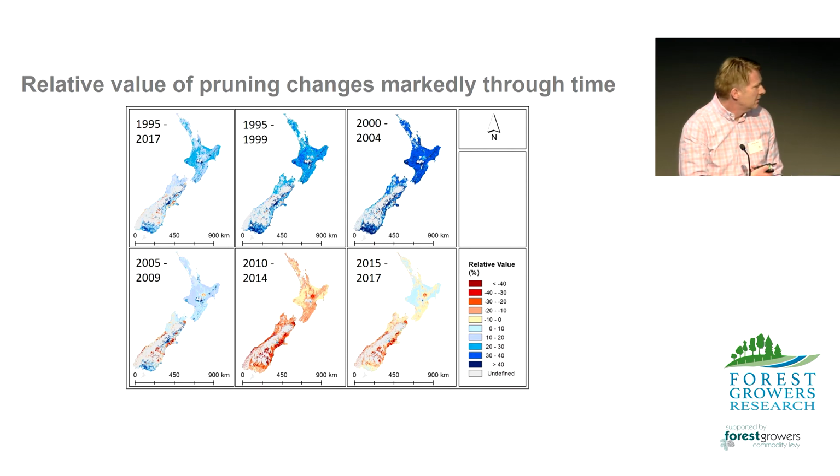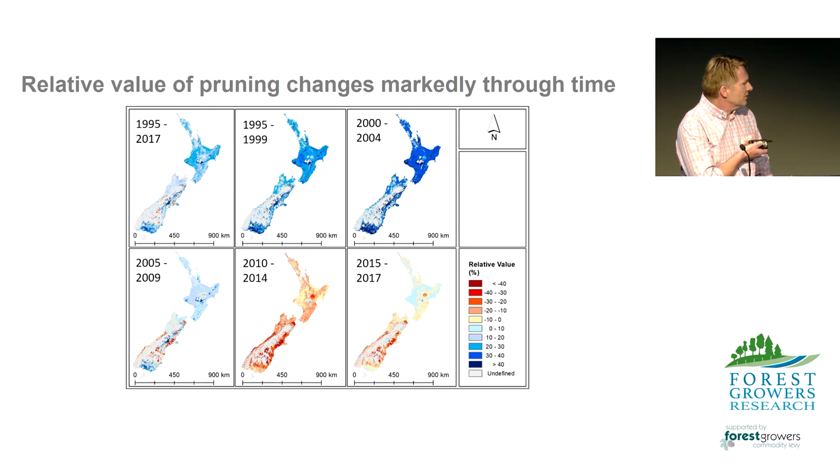If we look at a particular spot here, like for instance Taranaki, between 1995 and 1999, that's using the log values from that particular point in time, you get the prune regimes are around about 20 to 30% higher net value than the structural grade regimes.